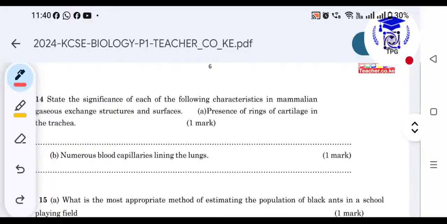Number 1, presence of rings of cartilage in the trachea. It is to keep the trachea open and prevent it from collapsing.